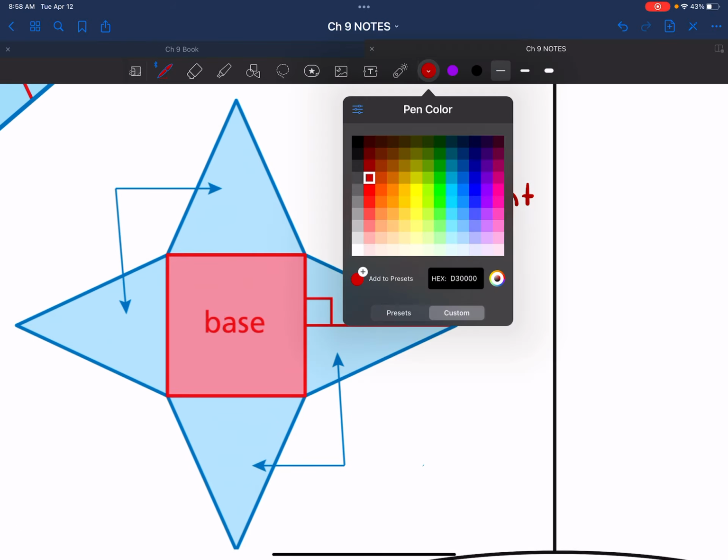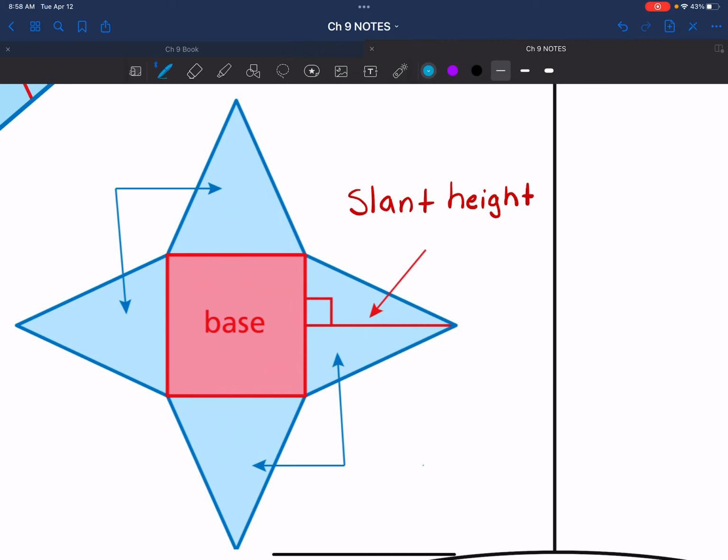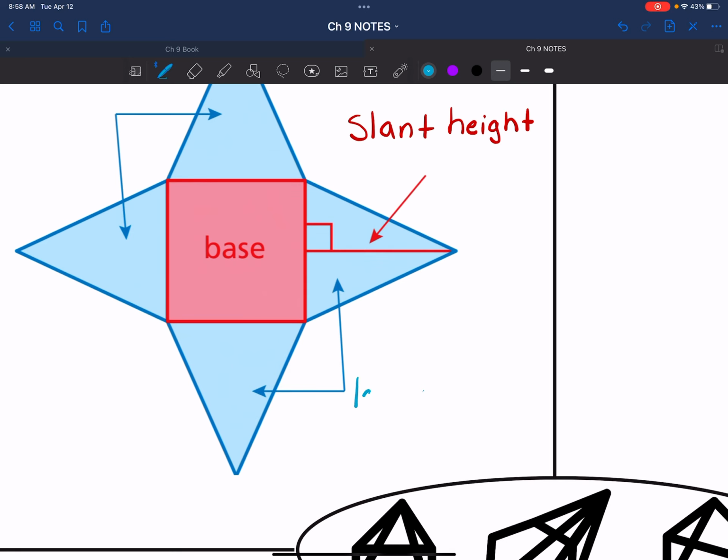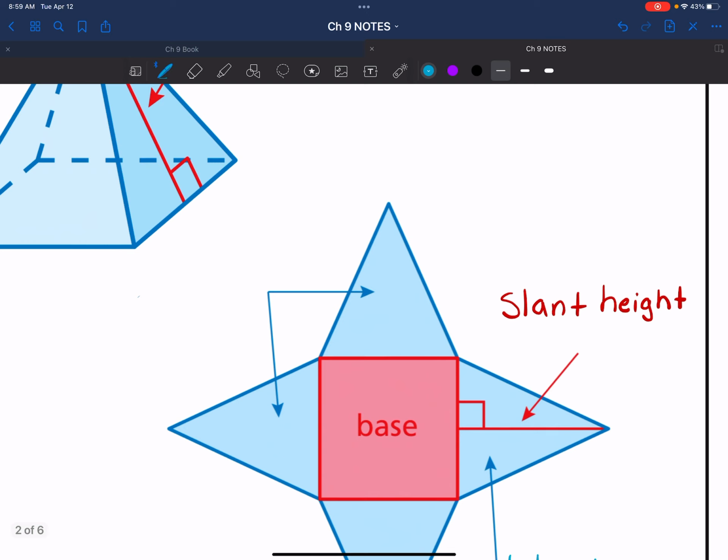Those actually have a name on every pyramid, and they are called the lateral faces. The lateral faces.